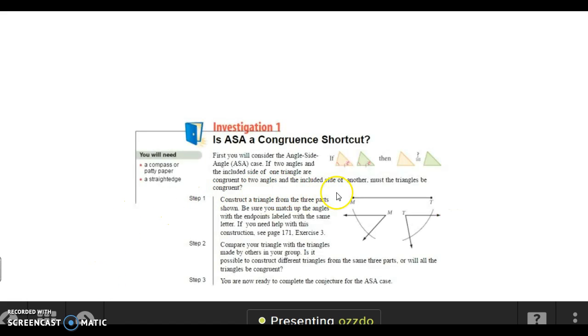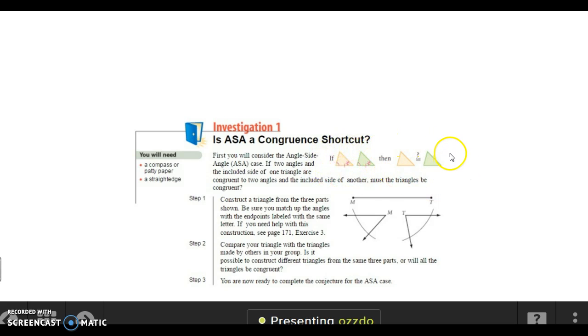Please take a minute, construct this triangle MT, given this segment MT and angle MT, so angle, side, angle. Okay, if we know angle, side, angle, notice the side is included, so it's in the middle of the two angles for this one.